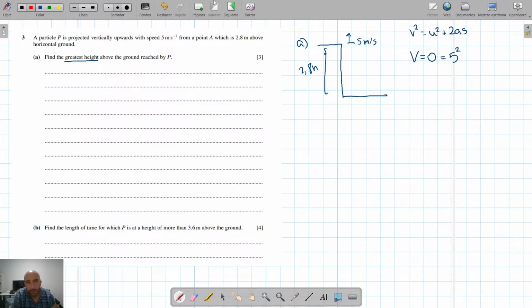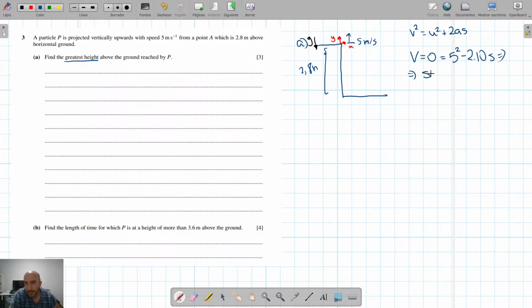If we are considering something going upwards, we can use as our y-axis going upwards and x-axis going to the right, which we're not going to use in this exercise. So y-axis going upwards, and the gravity is going downwards. Okay, so the gravity in this case is negative. 0 equals 5 squared minus 2 times 10 times s.